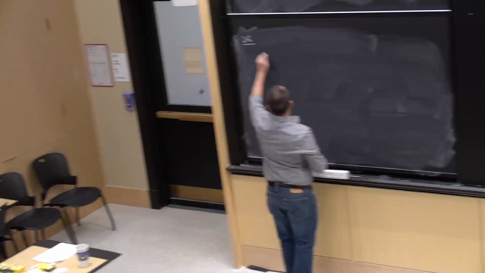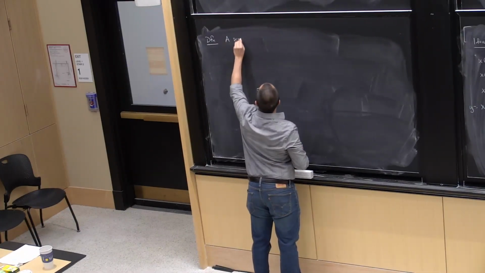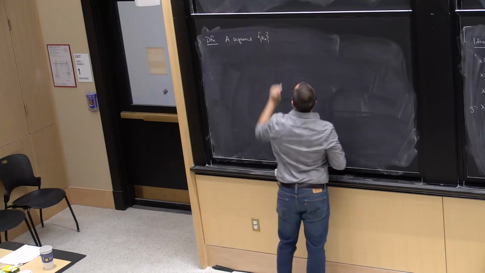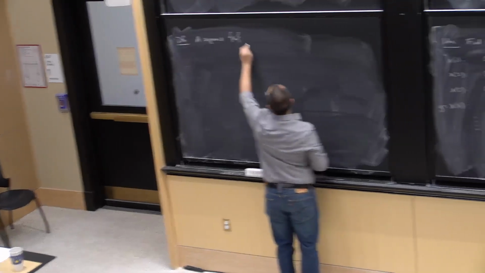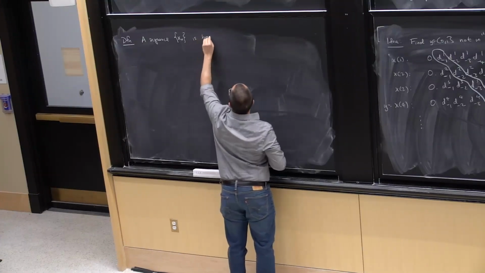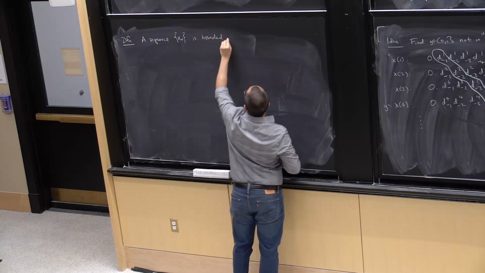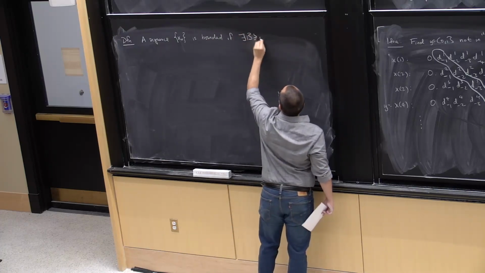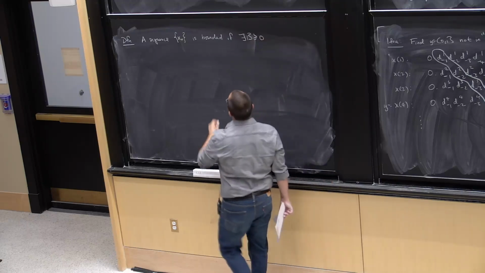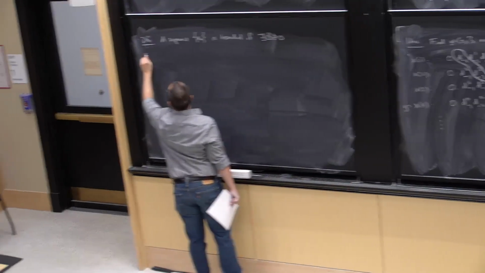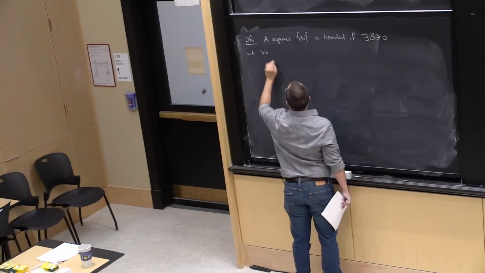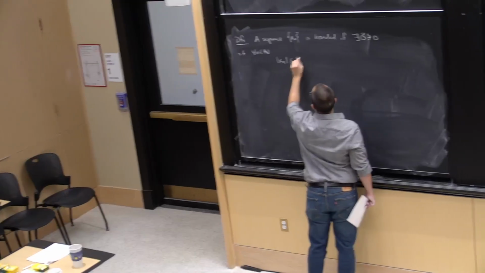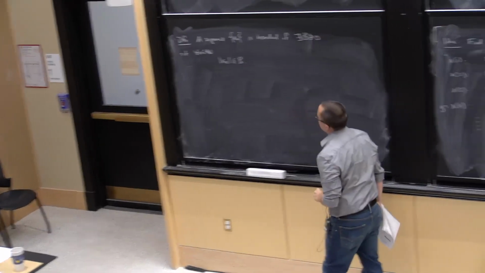So a sequence x sub n is bounded if there exists some real number b bigger than or equal to 0 such that for all n in the natural numbers, x sub n is less than or equal to b in absolute value.